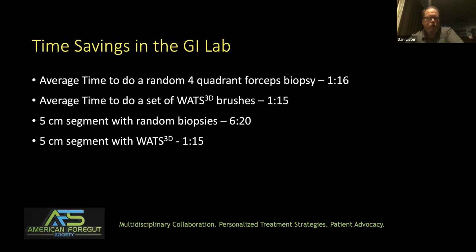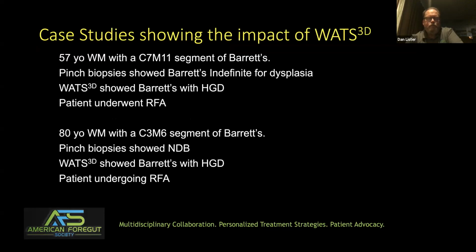So if you look at a 5-centimeter segment, random biopsy is going to take 6 minutes and 20 seconds, where you can do that whole 5-centimeter segment in 1 minute and 15 seconds. The brush sets come in 2 brushes, and you use 2 brushes for every 5-centimeter segment of your Barrett's.